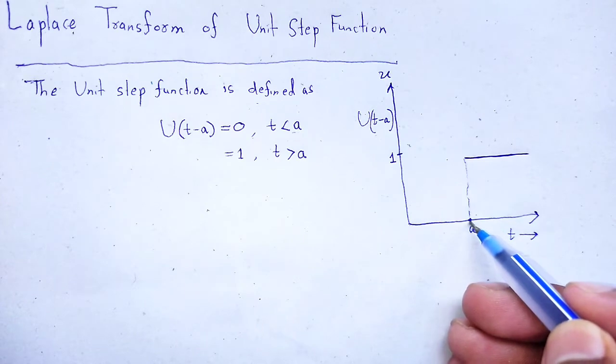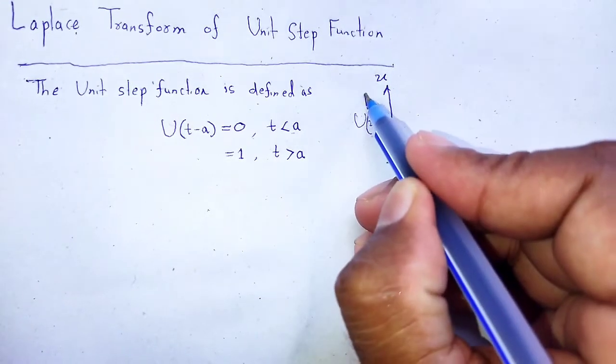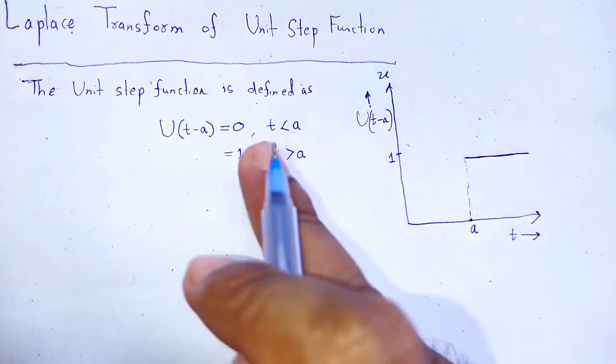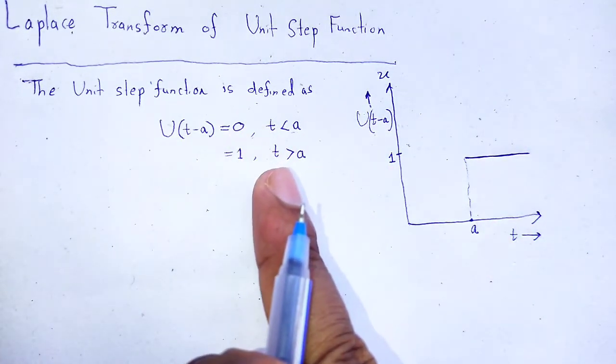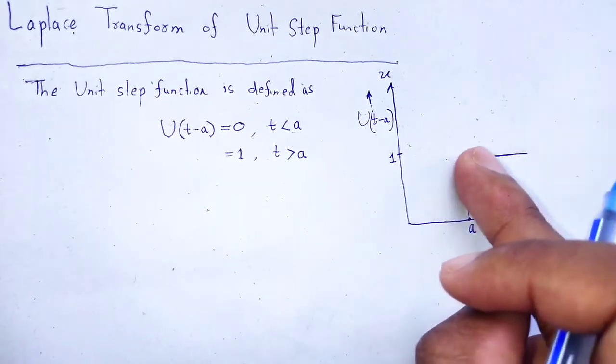When t is less than a, the unit step function results 0, and when t is greater than a, that results 1.